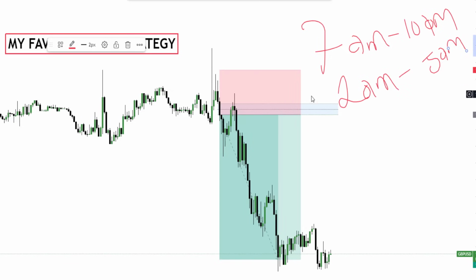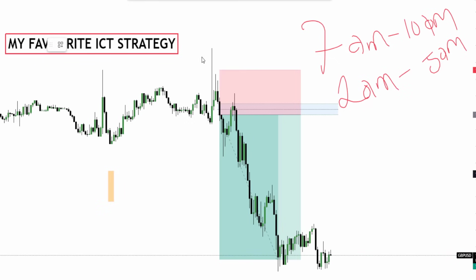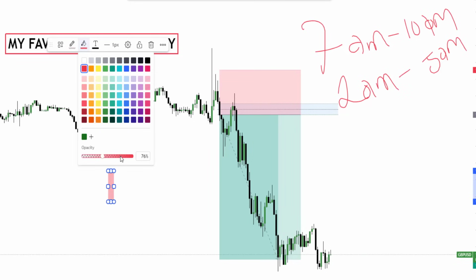What happens during the ICT London Open Killzone is that price creates either the high of the day or the low of the day. Let me show you. If you see a particular candlestick like this printing, let's say this is a bearish candle, a bearish movement. A bearish candle is red in color, right? So let me just give it red.